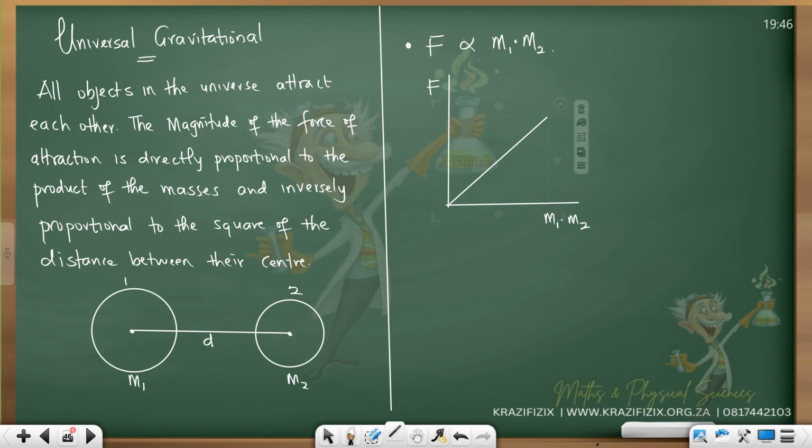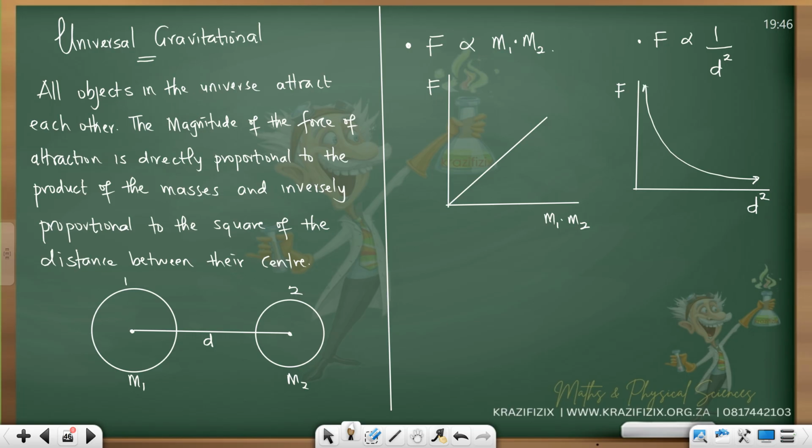Directly proportional. And inversely proportional to, inverse means 1 over, to the square of the distance between their centers. If I have F and I have D squared, I'm going to draw two graphs for this.